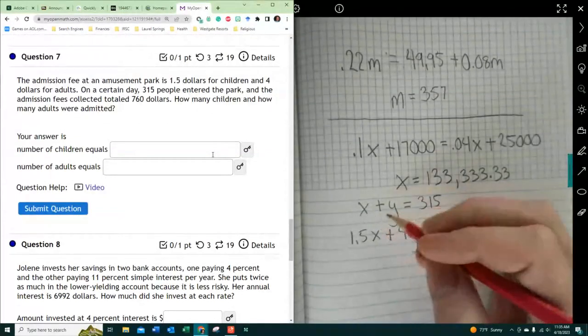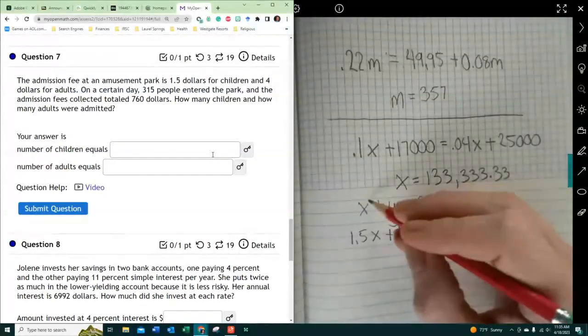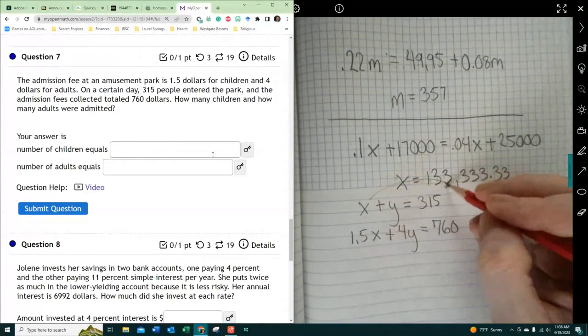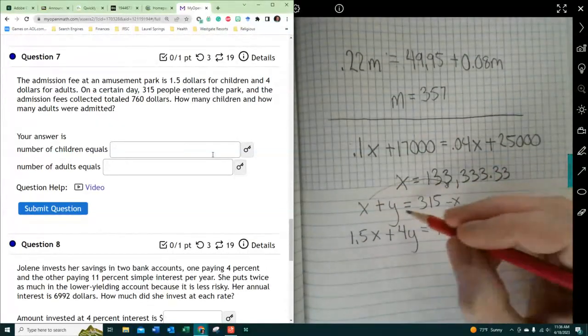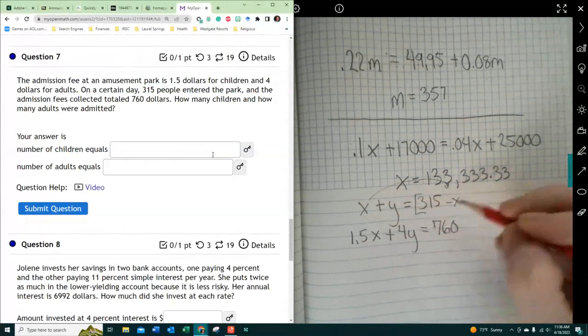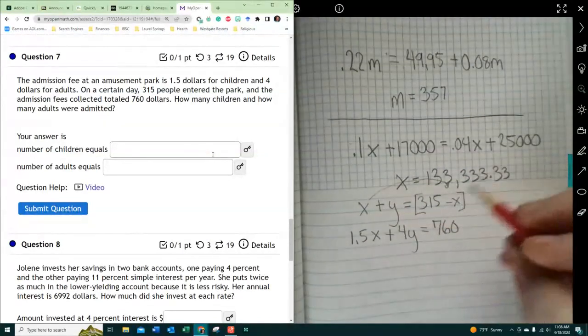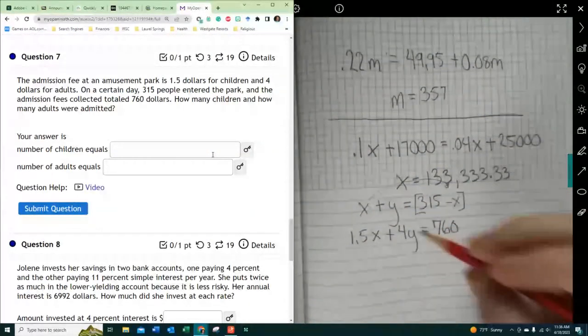All right, now I have this. I bring this over to the other side, make it become negative x, and then I have y equals this. Now I'm going to plug that in for here.